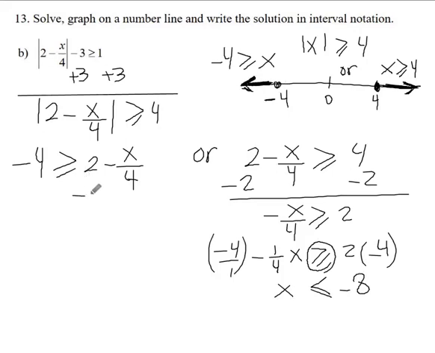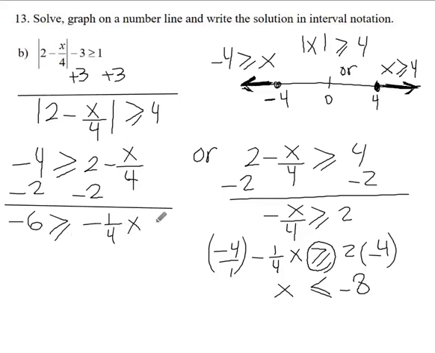Similarly, we're going to subtract 2 from both sides of the inequality here. So on the left hand side, we get minus 4 minus 2, that gives me minus 6, greater than or equal to, again, minus 1/4 x, or x over 4, or minus x over 4, that's the same as minus 1/4 x.